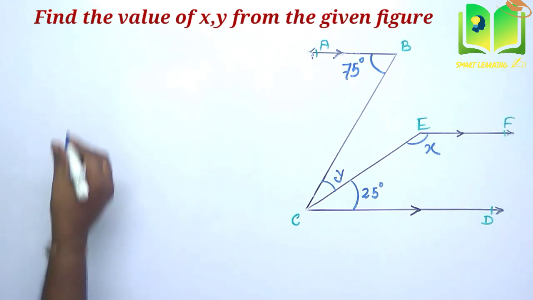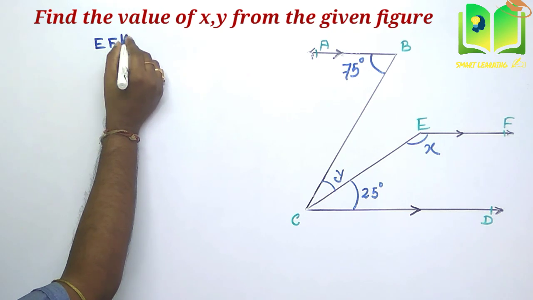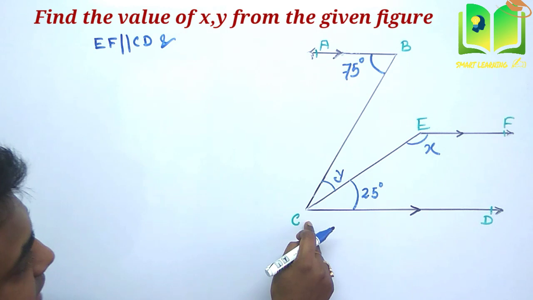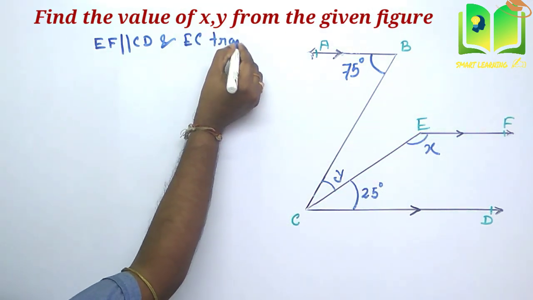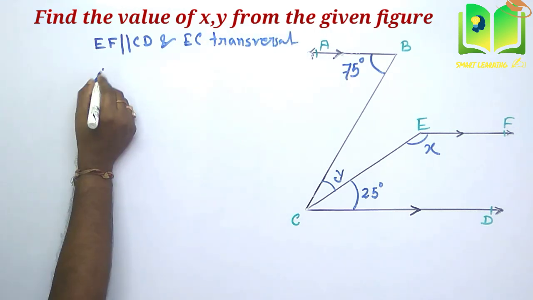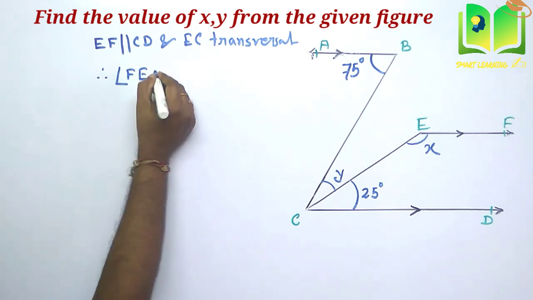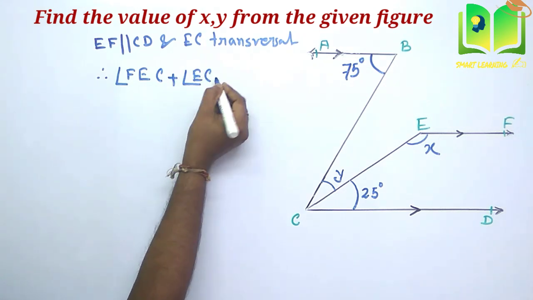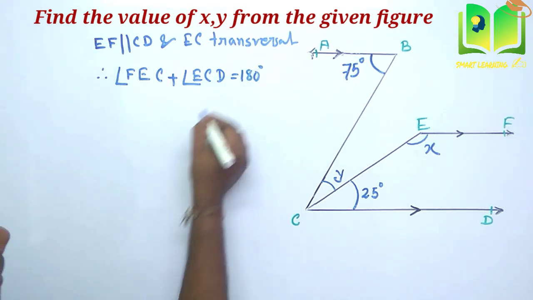So how to solve? First we will write: EF parallel CD and EC transversal. So write EC transversal. Okay. So therefore angle FEC plus angle ECD equals what? 180 degree.